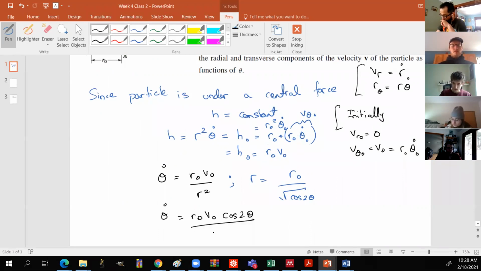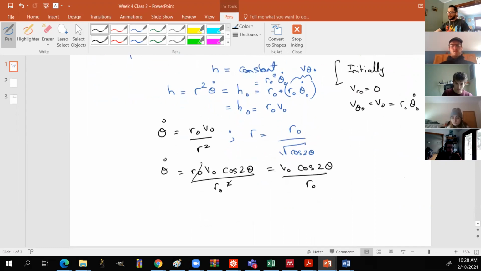And down below, you have r naught squared, right? So that r naught cancels out. So you're left with v naught times cosine 2 theta divided by r naught, like that, right? That's it. We've basically done everything we need to solve the whole problem, right?